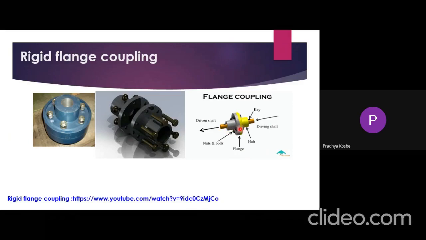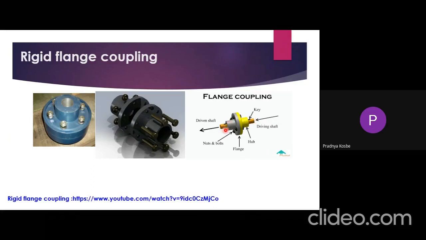Here this is a driven shaft, driving flange, driven flange. This extended portion is known as a hub, and driving shaft is in contact with flange hub with a keyway. Keyway is present for a locking purpose.